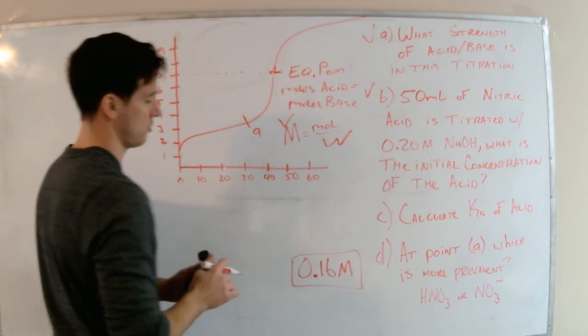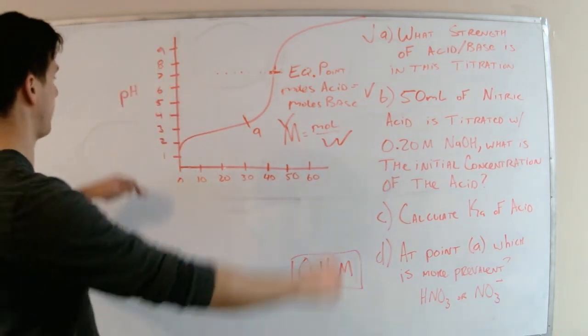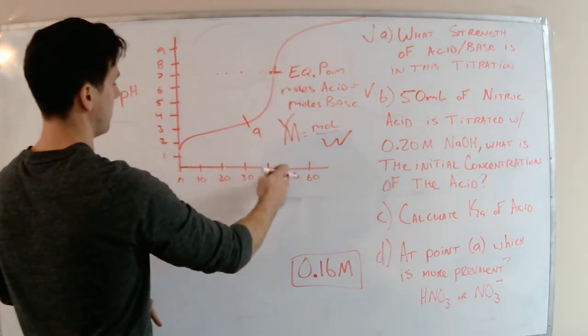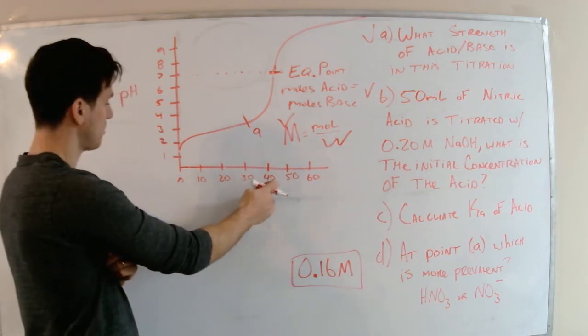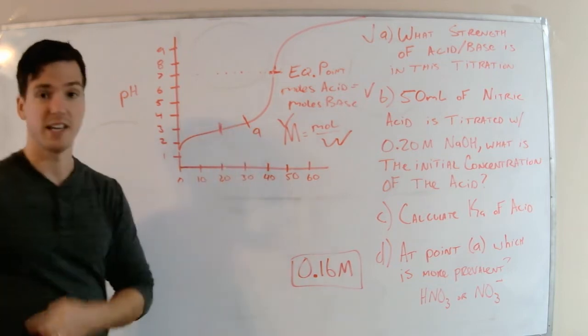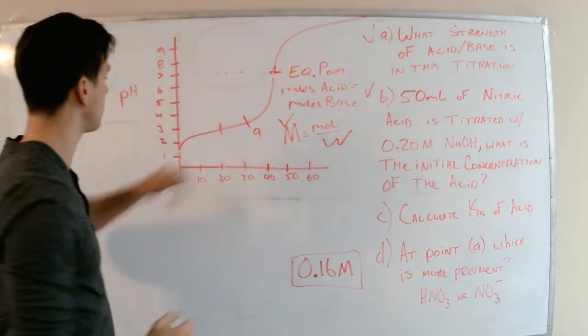We know the concentration. I'll leave that there. So let's find the half equivalence point. That's the equivalence point. It's also at 40 milliliters. So 40 milliliters was to reach the equivalence point, so at 20 milliliters, I will hit the half equivalence point. Okay, so there's my half equivalence point.